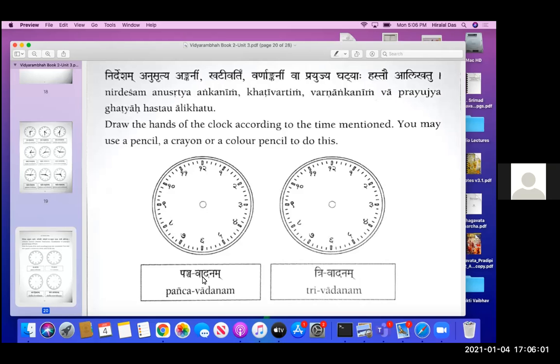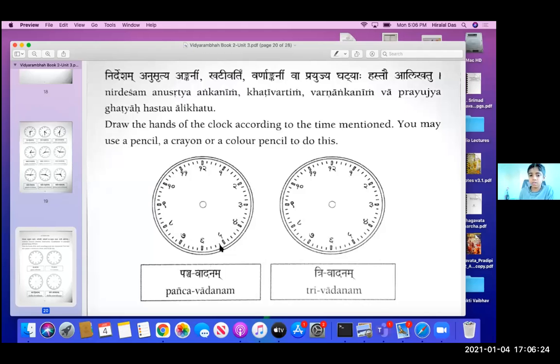Okay, the longer hand will be at the 6, and the shorter hand will be at 5. Okay. No, 6 is the 30-minute marking. That's 5:30.